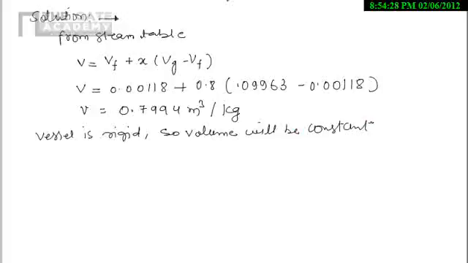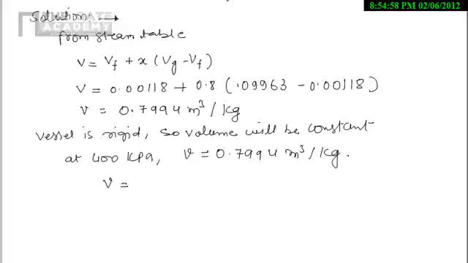It means if we are getting specific volume at 2 megapascal as 0.07994, the same specific volume I will get for 400 kilopascal also. So I can write at 400 kilopascal the specific volume will be 0.07994 meter cube per kg.